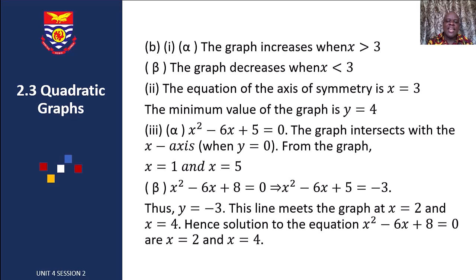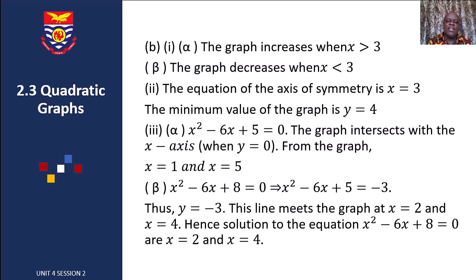The second one, you compare it to the original equation that has been used to draw the graph. You notice that the first term is the same, the second term is the same. It's only the third term, which is the constant term, that differs. So you have to find a way of making them equal. The constant term in the equation that we use to draw the graph is 5, but the one we have to solve is 8. So if we want to make it equal, we subtract 3 from the 8.